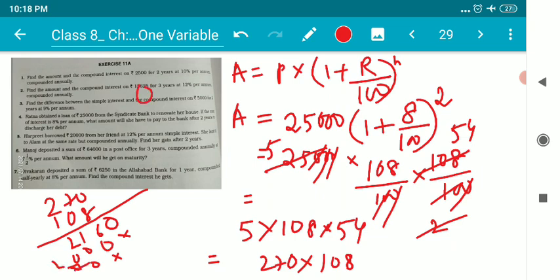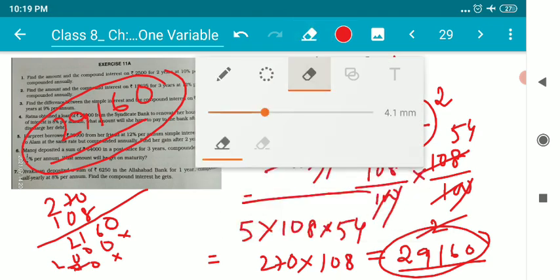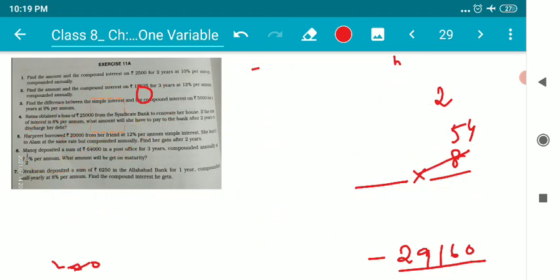So finally the product is coming 29,160. So children, this much amount is to be paid to clear her debts after 2 years. If she pays 29,160, all her debts, everything will be cleared. So this is how we need to calculate. It was one of the easiest questions, and a very conceptual question, I believe.